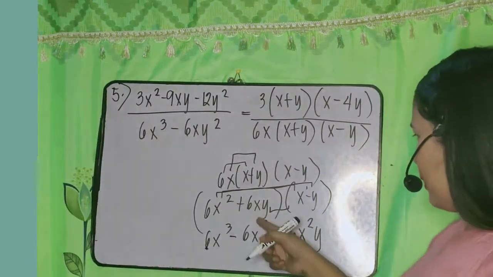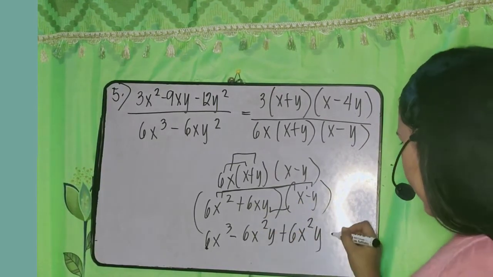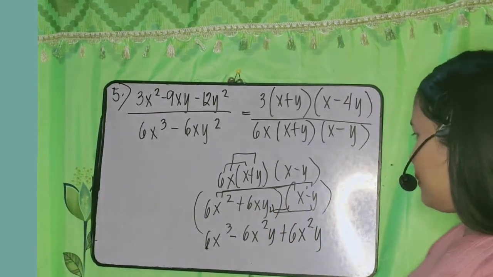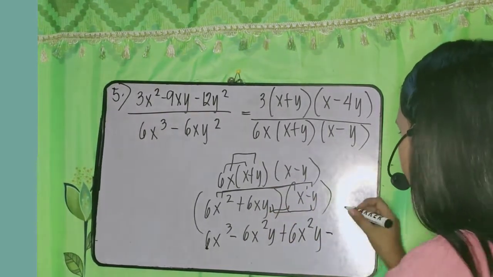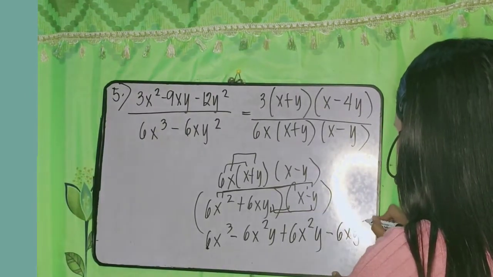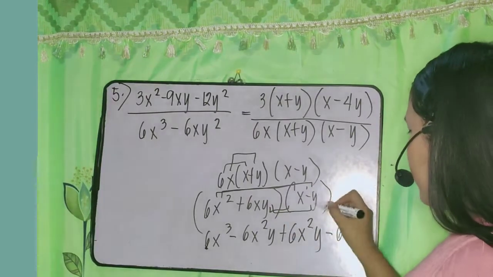Okay, so correct. So, x times x, we have x squared and copy y. Then, next is positive 6xy times negative y, we have negative 6x, then y times y, we have y squared. Okay, kasi may parehas na exponent na 1, so 1 plus 1, we have 2.